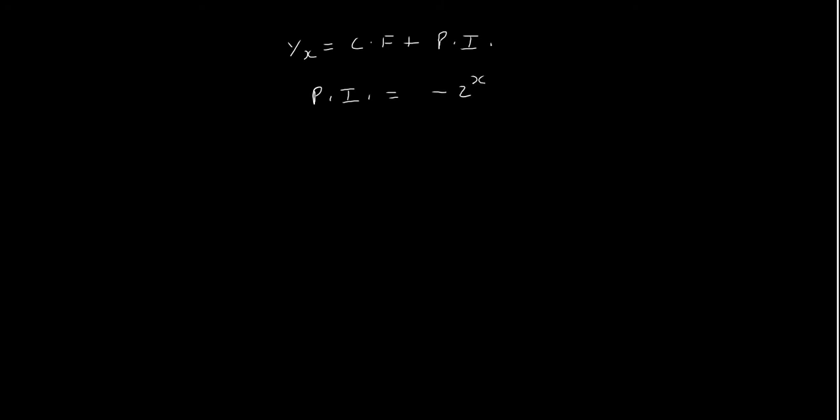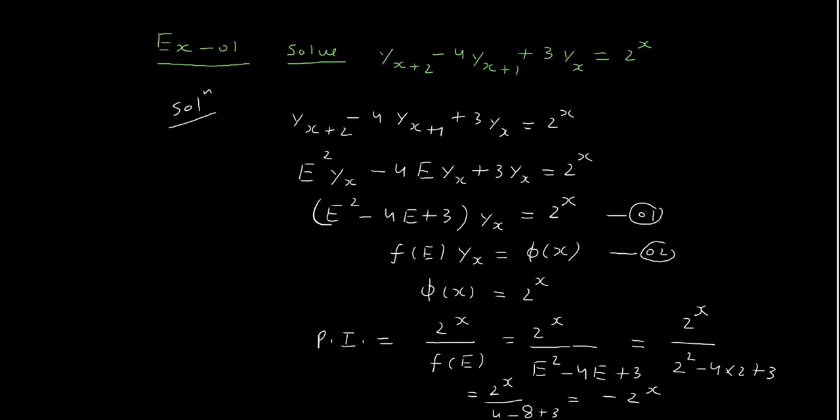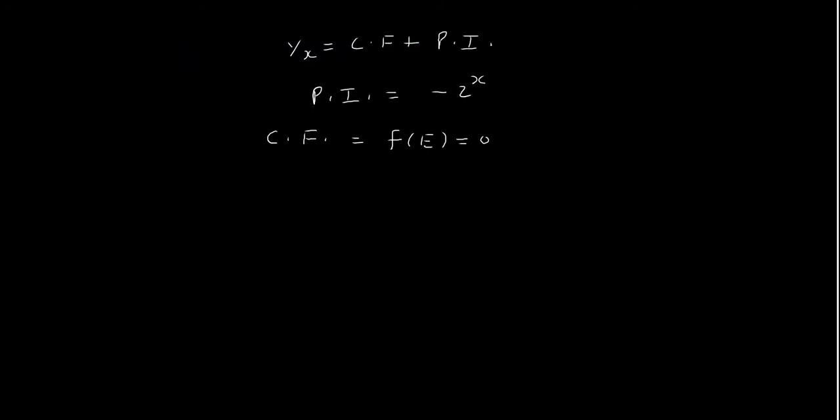Now what is the complementary function? The complementary function can be obtained by putting f of E equal to 0. So if we put f of E equal to 0 here, what is f of E? F of E is E square minus 4E plus 3. So E square minus 4E plus 3 equals 0.